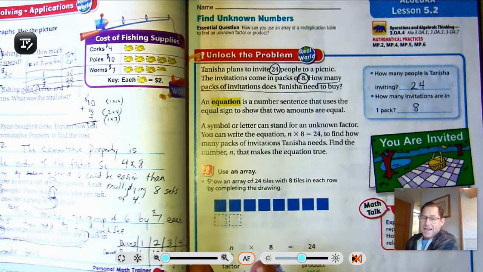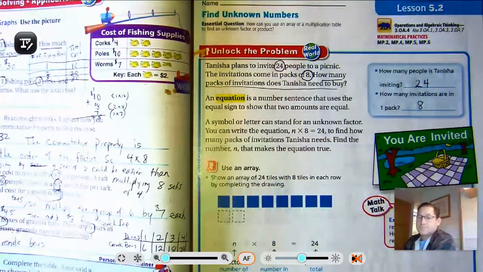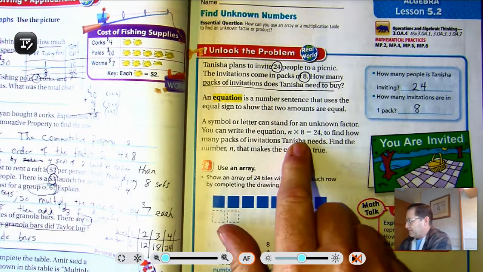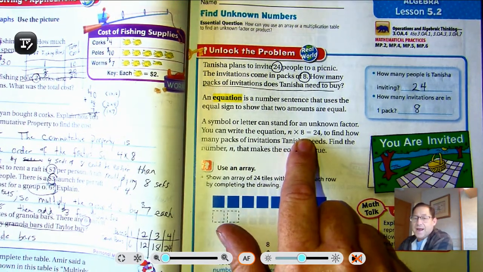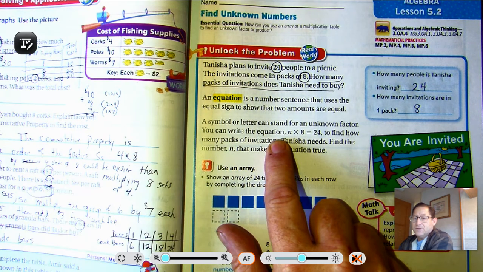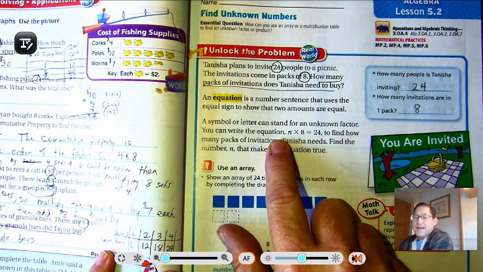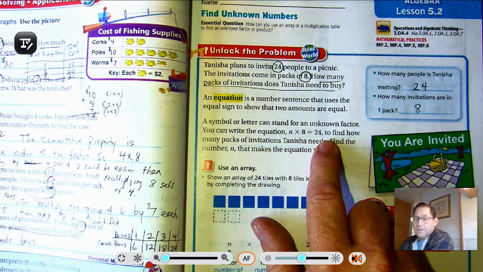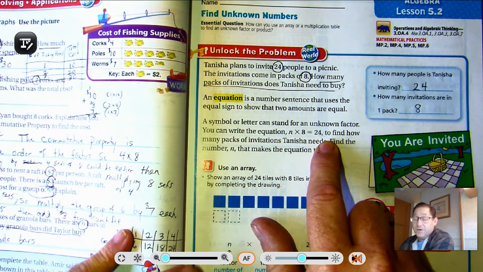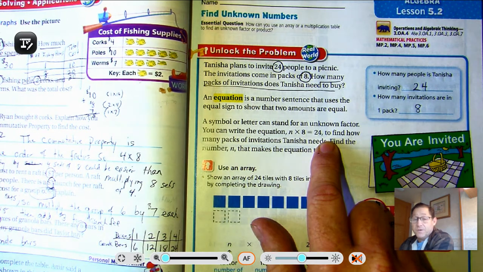Find the number n that makes the equation true. So in our equation, the 8 represents the number of invitations per pack, and the n, the unknown factor, represents how many packs we need. And then 24 is the total number of invitations that she's going to need because she's inviting 24 people.